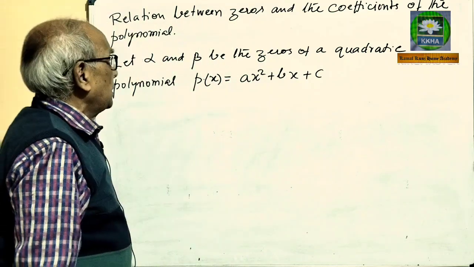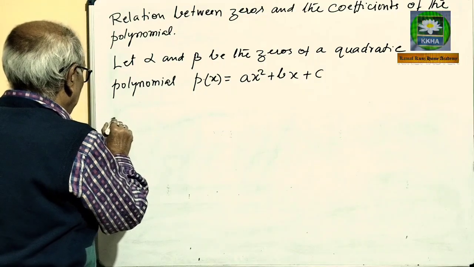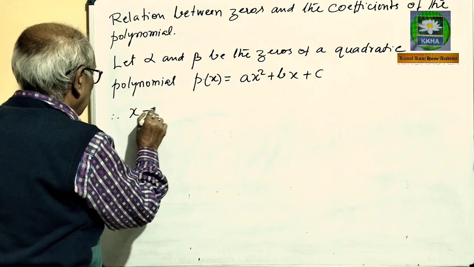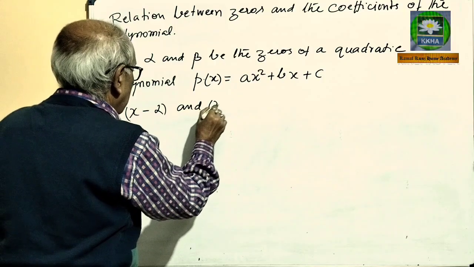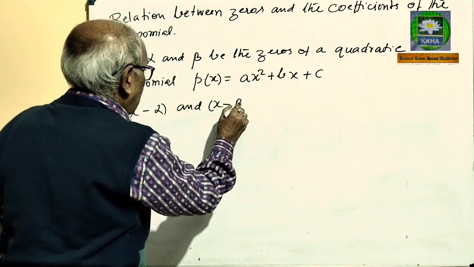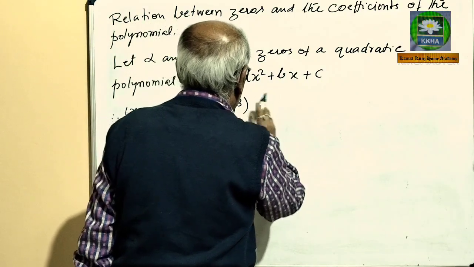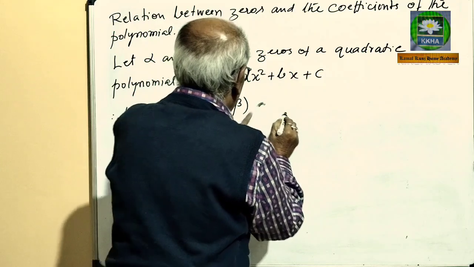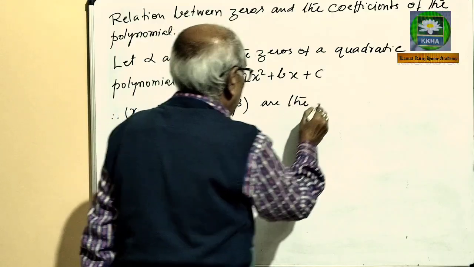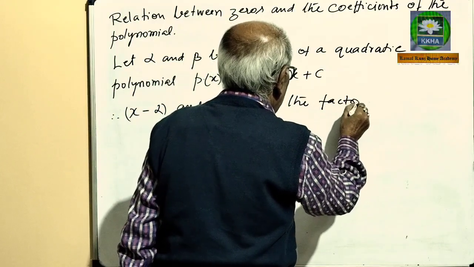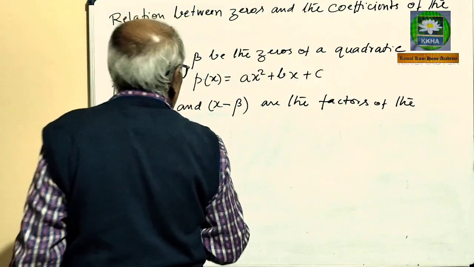Now, since alpha and beta are the zeros of the polynomial, therefore x minus alpha and x minus beta are the factors of the quadratic polynomial.